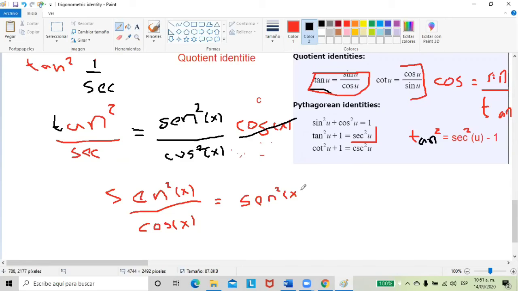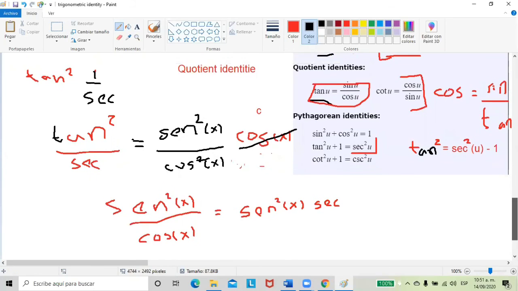Teacher, do we need to nos tenemos que aprender la tablita? Yeah, if you learn that table, that will make the mathematics easier for you. If not, you will have some problems. So that's pretty much all the formulas we need.